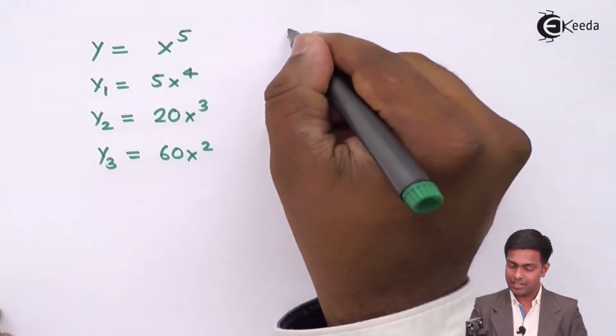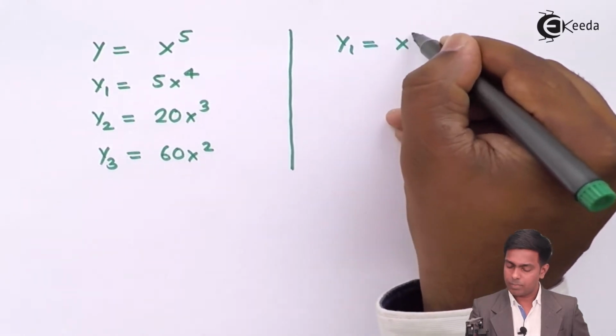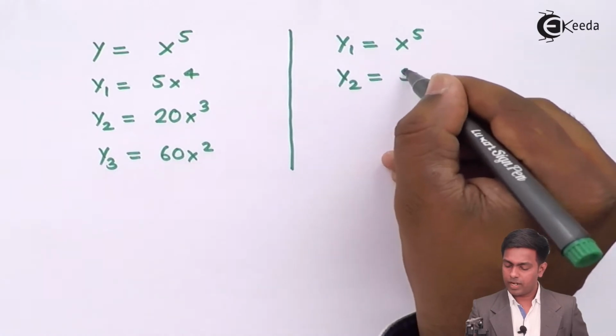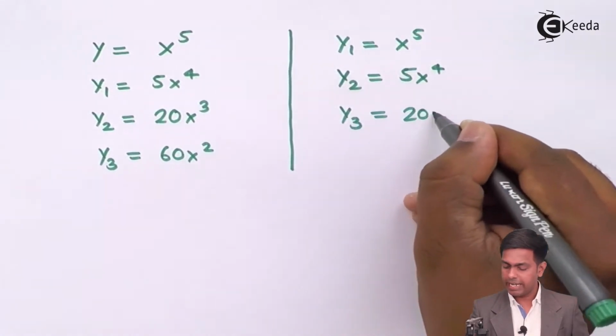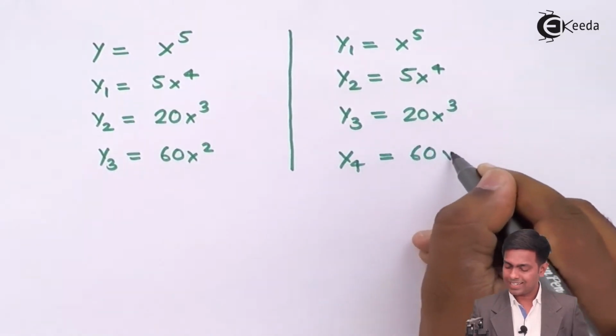Now let's take another case in which I say the value of y1 is x to the power 5. Then the second derivative will be 5x to the power 4, the third derivative would be 20x cube, and the fourth derivative would be 60x square.